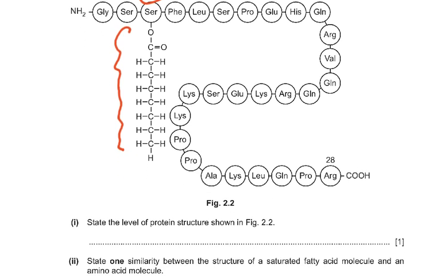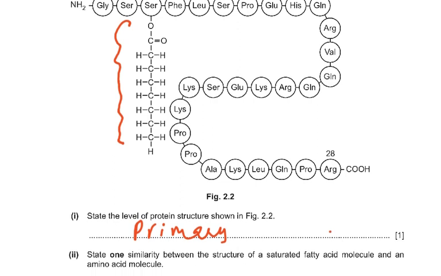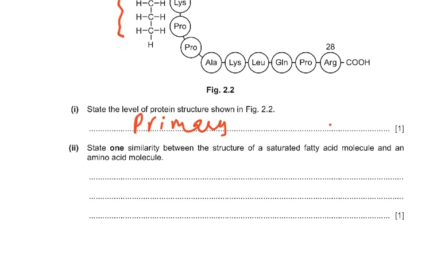State the level of protein structure shown, primary. Anything showing the number and sequence of amino acids will be the primary structure. If it shows hydrogen bonds showing the alpha helix and the beta pleated sheet, that would be the secondary structure. Then you say state one similarity between the structure of a saturated fatty acid molecule and an amino acid molecule.